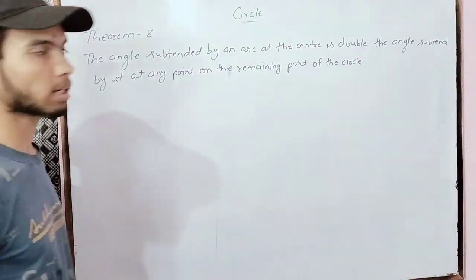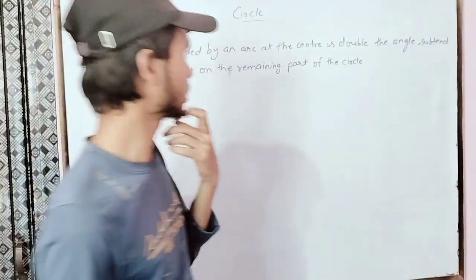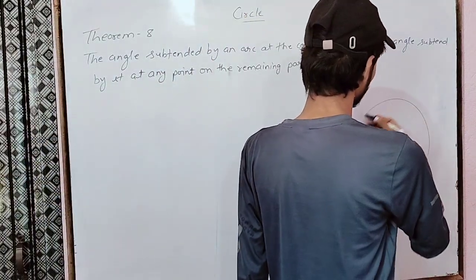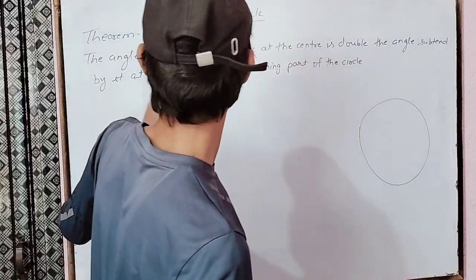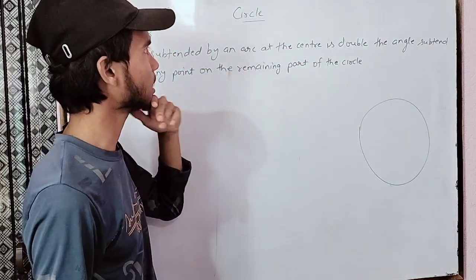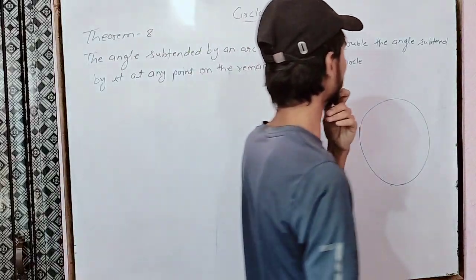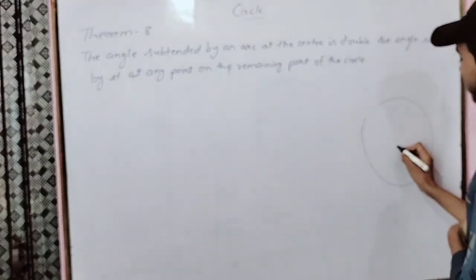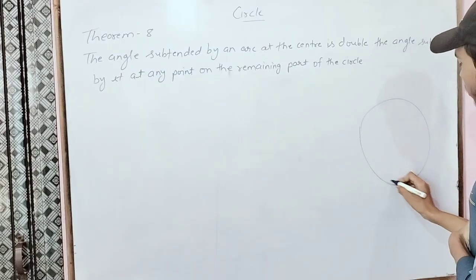This is a circle. The angle subtended by an arc at the center is double.